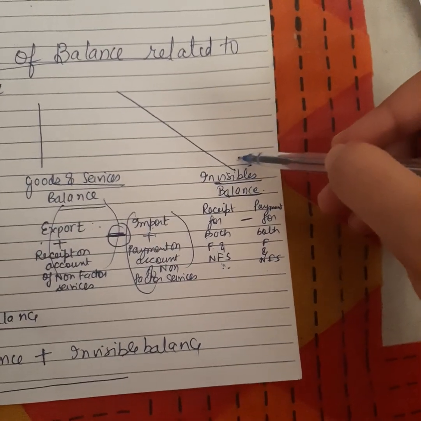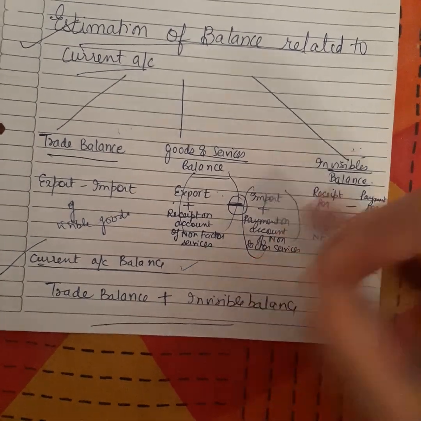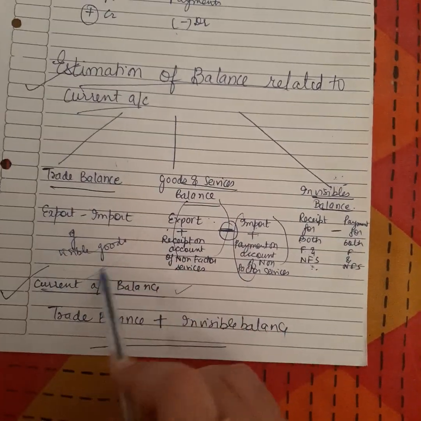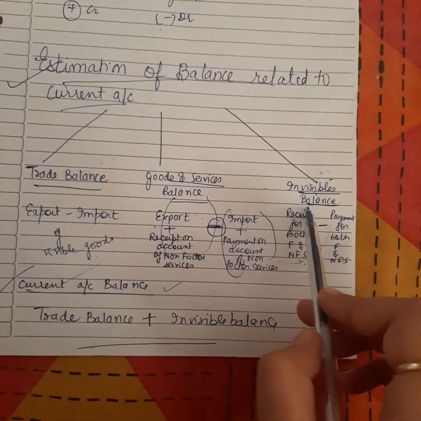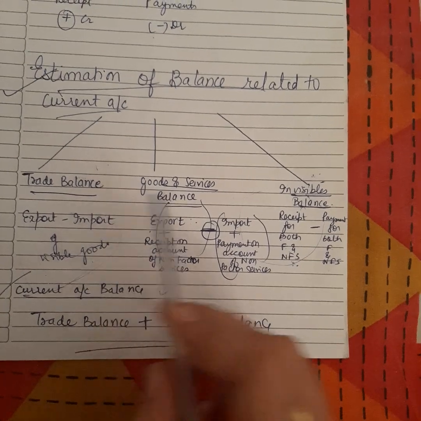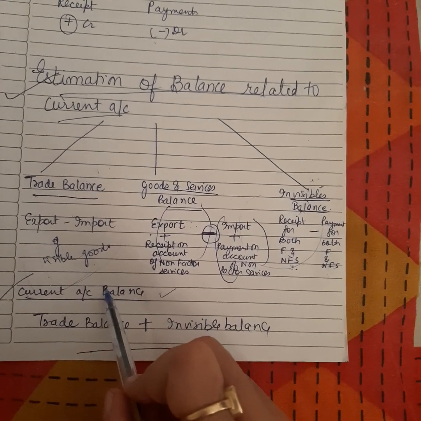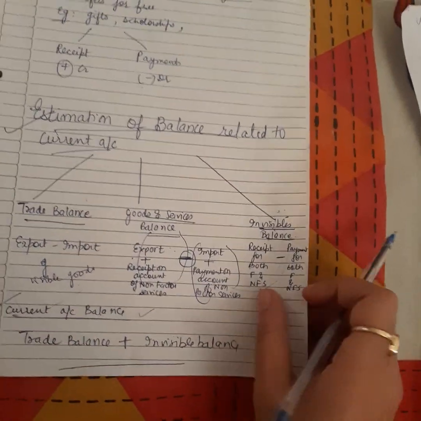So this is invisibles balance. Now how do you calculate current account balance? You have to add trade balance and you have to add invisibles balance, you will get the current account balance. Now let's see one numerical related to it. You will be more clear after doing the numerical.